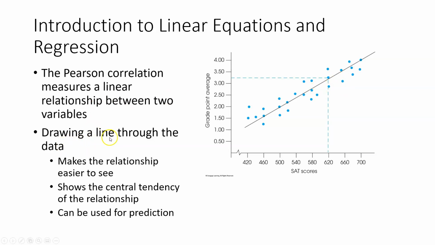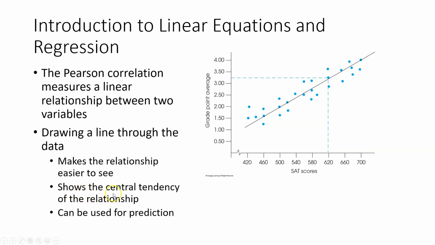But if you draw a line through the data like this, that makes the relationship yet easier to see. It also shows the central tendency of the relationship and can be used for prediction.